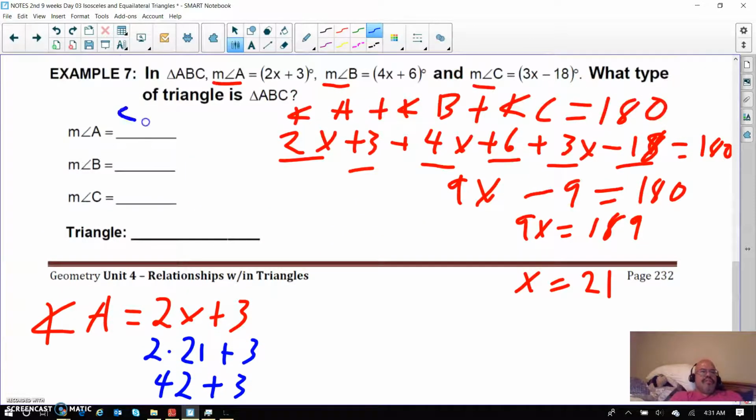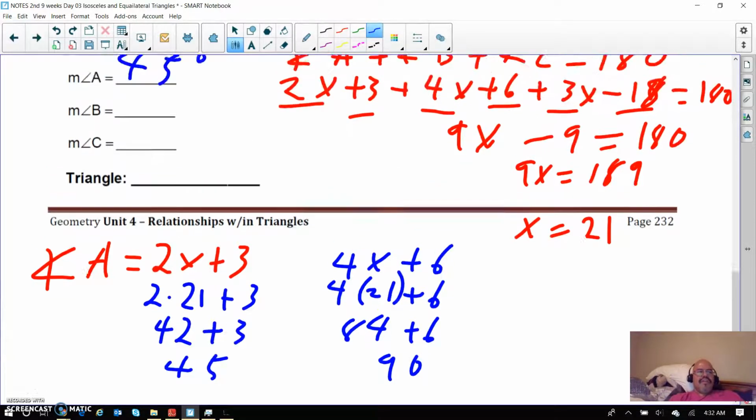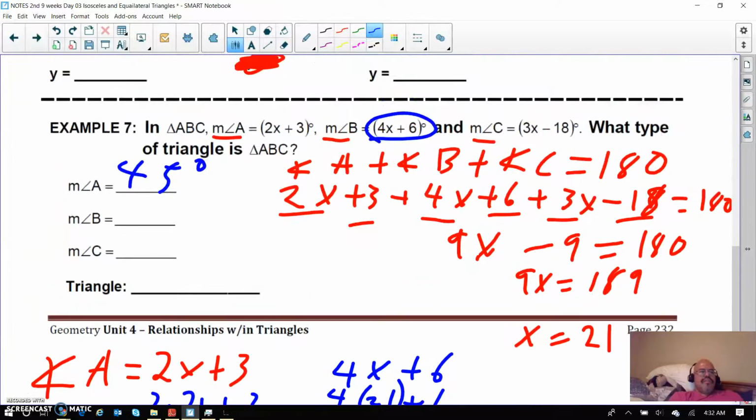So A is 45 degrees. Now let's take a look at B. That's 4x plus 6, so 4 times 21 is 84 plus 6. So that's 90. So this one's 90 degrees.